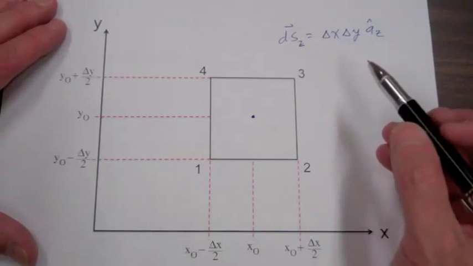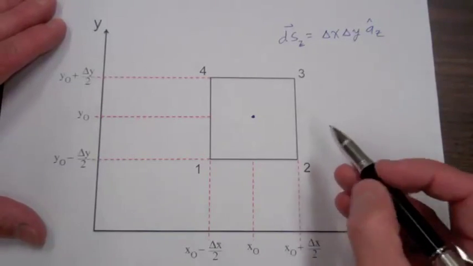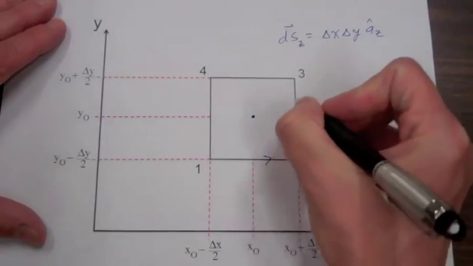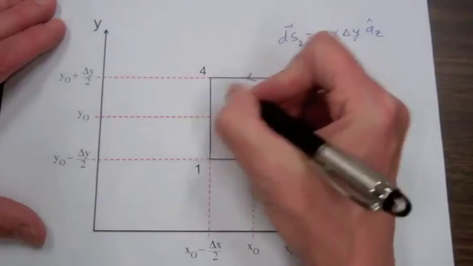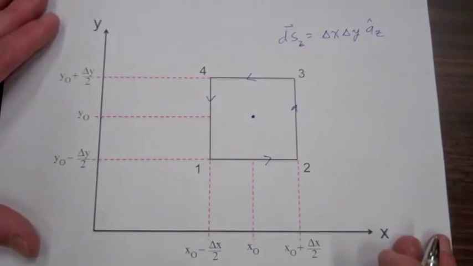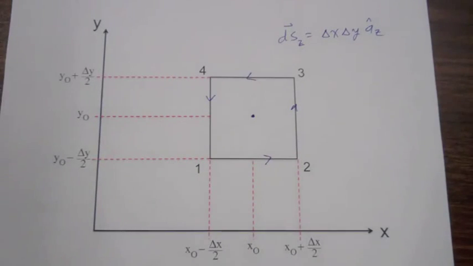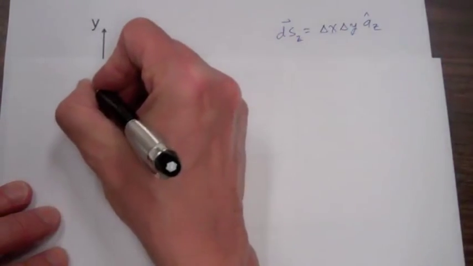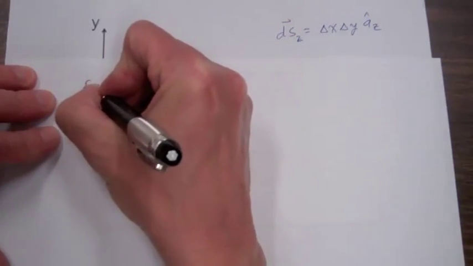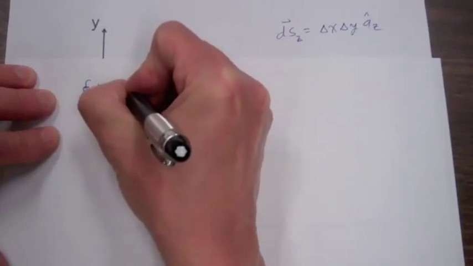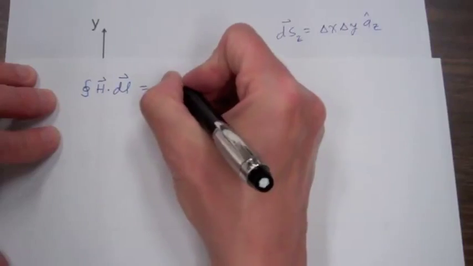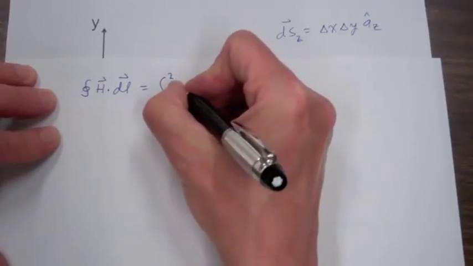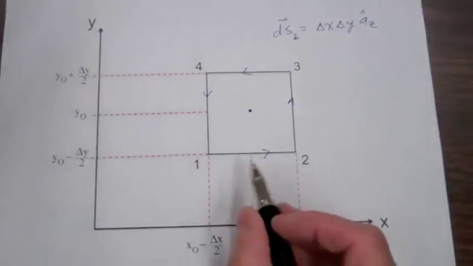Okay, so the first thing we're going to do is integrate H dot dl around this path going from 1 to 2 to 3 to 4 and then back to 1 again. So the integral around our closed path of H dot dl is going to equal the integral from 1 to 2 of H dot dl.